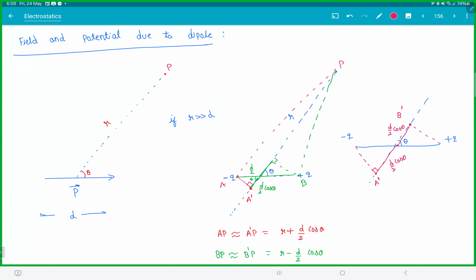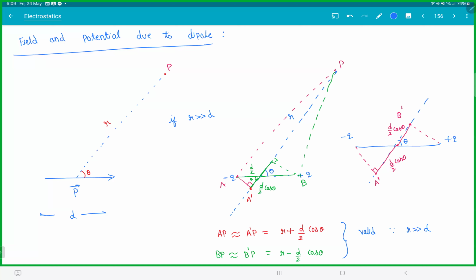So for B dash, it will be r minus d by 2 cos theta. For A dash, it is r plus d by 2 cos theta. Is this clear? We can do this because r is much greater than d. So this is valid since r is much greater than d. If you ask me, this is the most important thing. At least for wave optics, we're going to use this approximation a lot.